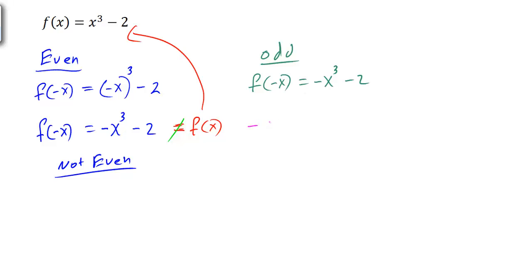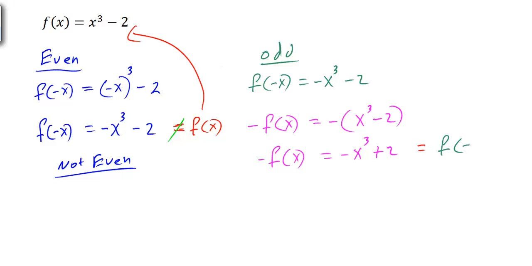So we want to find the opposite of the original function. So we're going to negate x cubed minus 2. By doing so, we get negative x cubed plus 2. And does that equal the original? I'm sorry, does this equal the f of negative x?